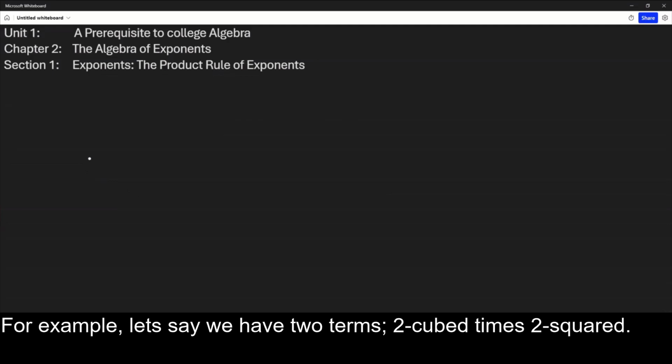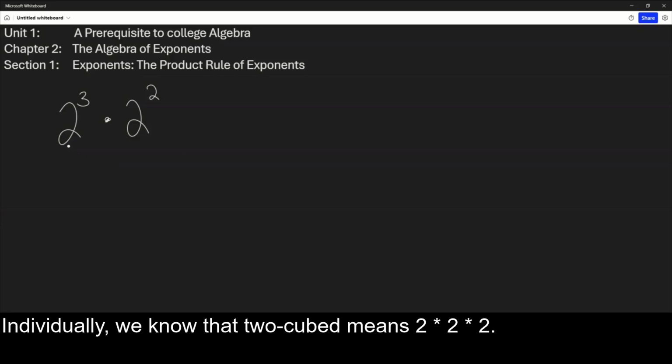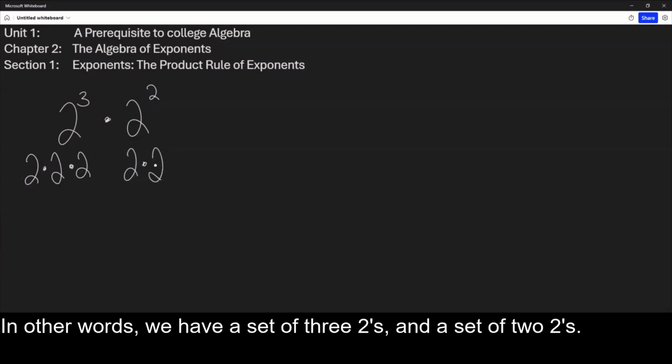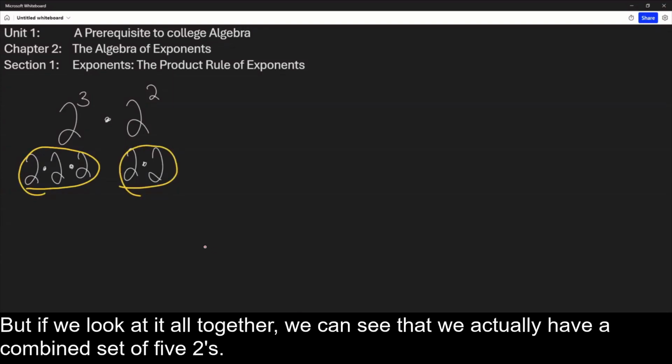For example, let's say we have two terms, 2 cubed times 2 squared. Individually, we know that 2 cubed means 2 times 2 times 2, and 2 squared means 2 times 2. In other words, we have a set of 3 2's and a set of 2 2's. But if we look at it all together, we can see that we actually have a combined set of 5 2's.